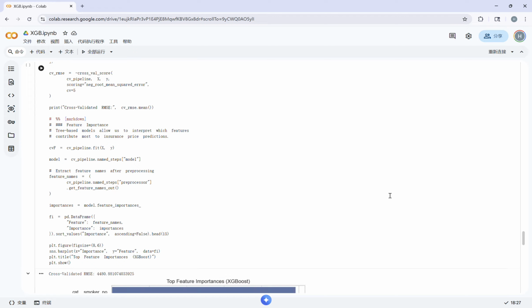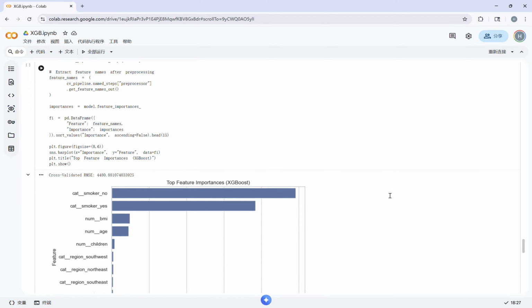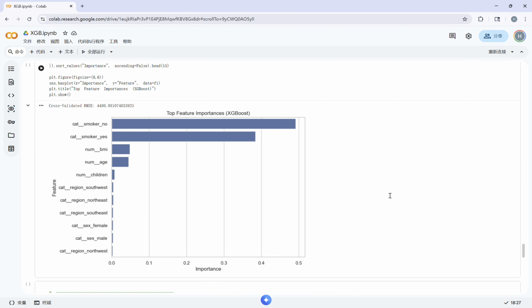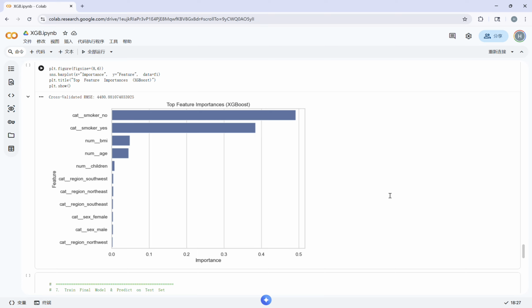The most important features were smoking status, age, and BMI, which aligns well with domain knowledge about medical insurance pricing. This confirms that the model is learning meaningful patterns rather than noise or spurious correlations.